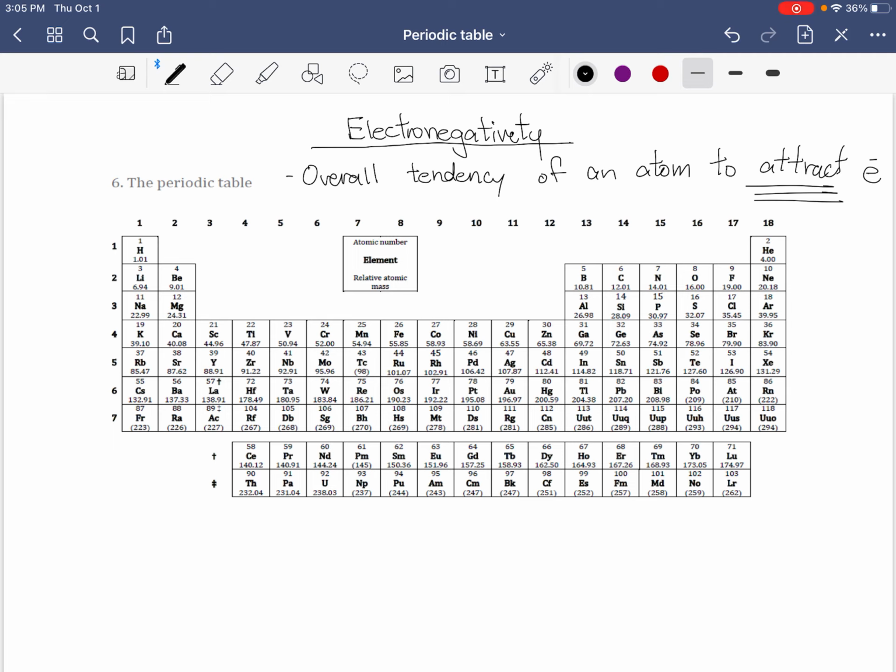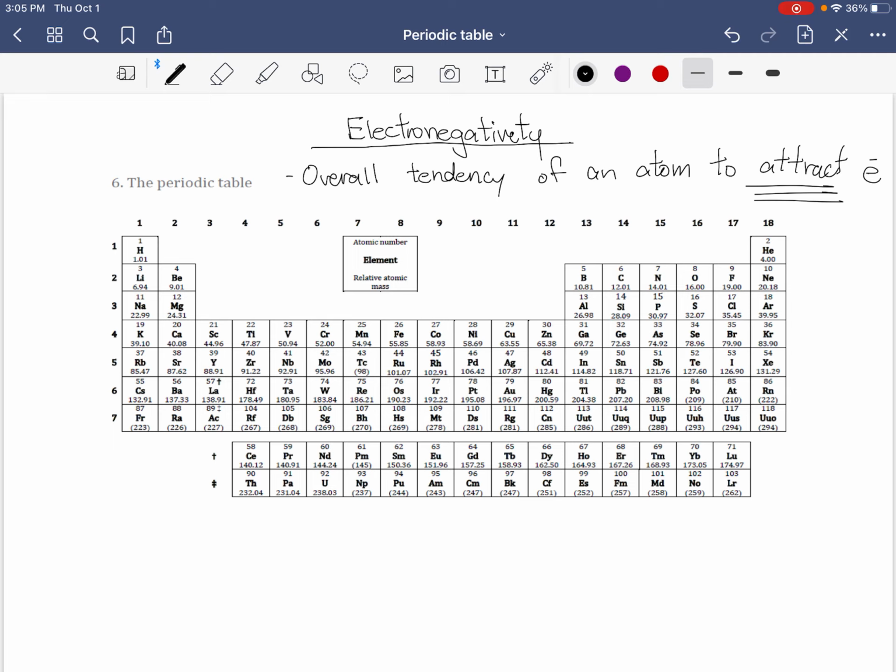Don't worry if you don't understand it now, because when we get to topic 4, I will tell you exactly what that means and how to determine if 2 things come together, are they going to bond ionically or covalently? If covalently, is it going to be polar or non-polar covalent?